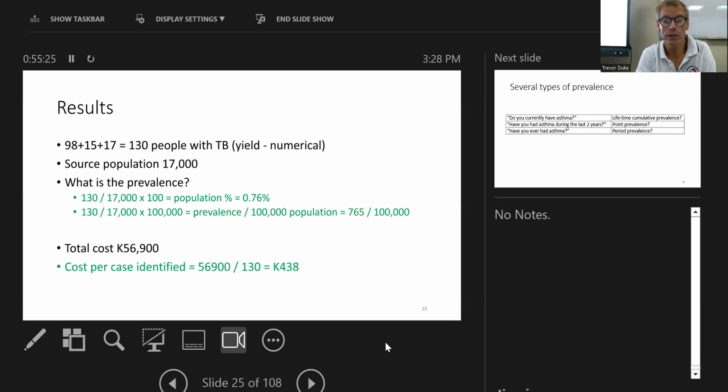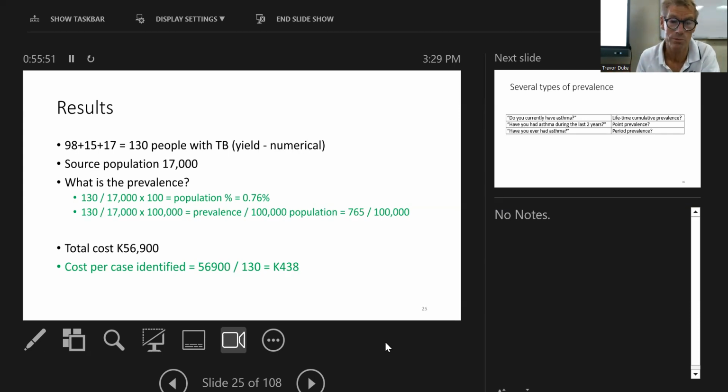Now, remember I said that one of the things we wanted to work out was whether it was cost effective. Is it a cost effective way to do screening to identify people with TB? Well, it cost us 56,900 kina to do this screening. It took several months.